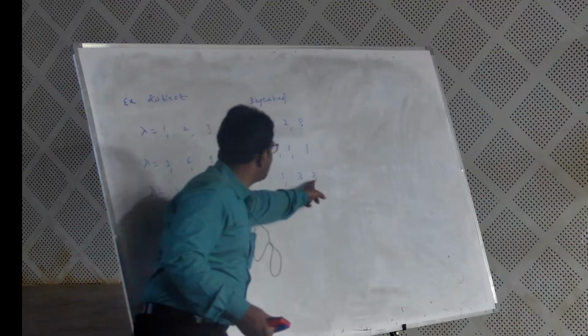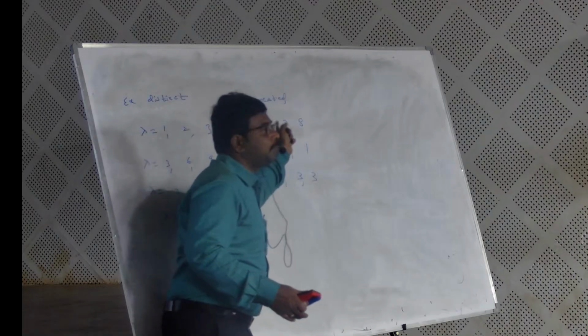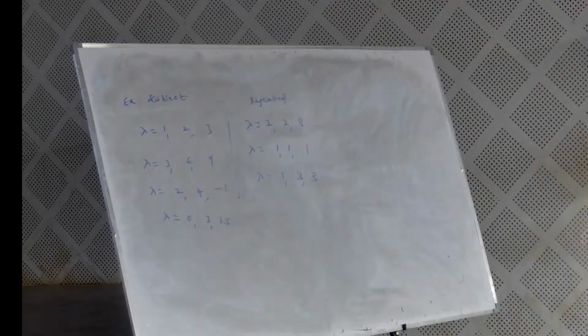Here 3 twice, 1 continuously, 2 twice. Now are you having a clear picture about distinct and non-distinct? Yes or no? 1, 5, 10: distinct or non-distinct? 3, 3, 3: not distinct.